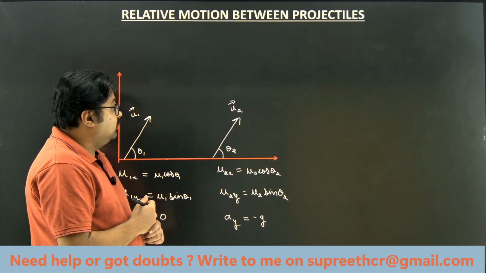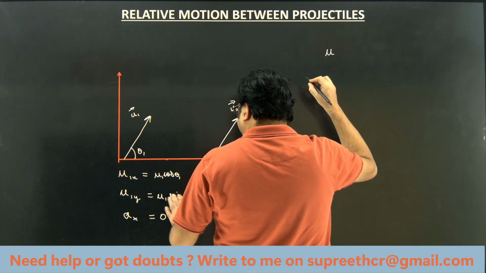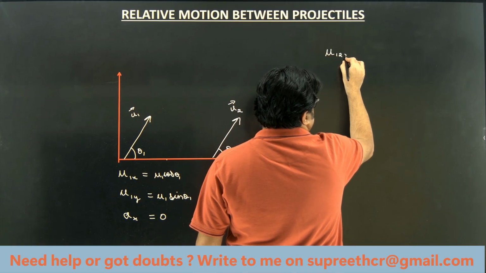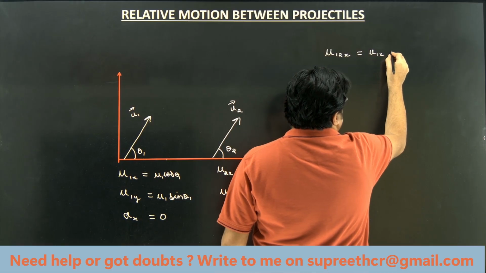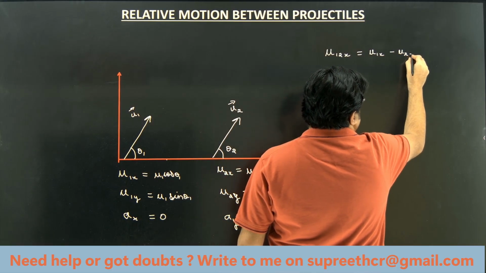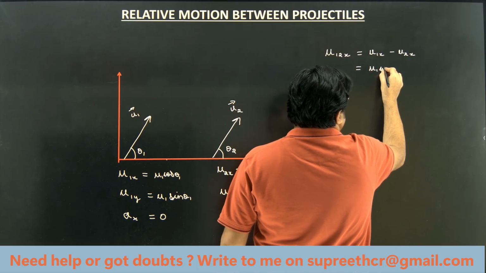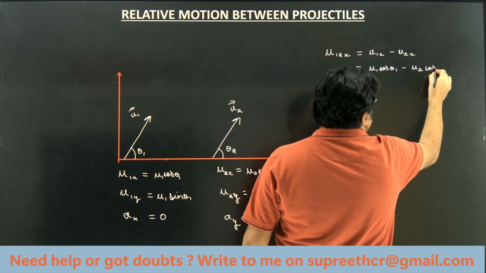Having shared that with you, if you were to talk about the initial velocity of the first projectile as seen by the second projectile along the x direction, then you would have to write it as u1x minus u2x, my friends, which is going to be u1 cos theta1 minus u2 cos theta2.